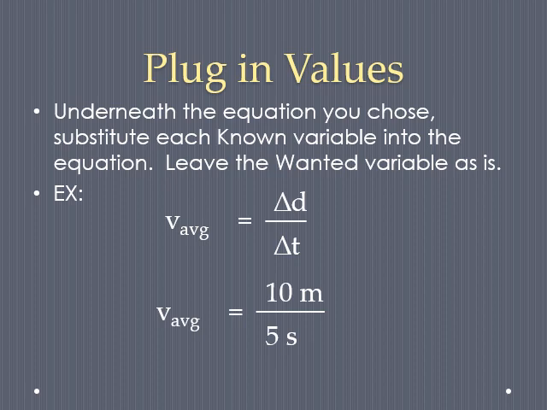We knew delta d was equal to 10 meters, so instead of writing delta d, I can write 10 meters. We knew delta t was equal to 5 seconds, so instead of writing delta t, we're going to write 5 seconds. We don't know anything about v average yet, so we have to leave that just like it is. So we leave a v average in that equation. So this is the equation with all the values plugged in.